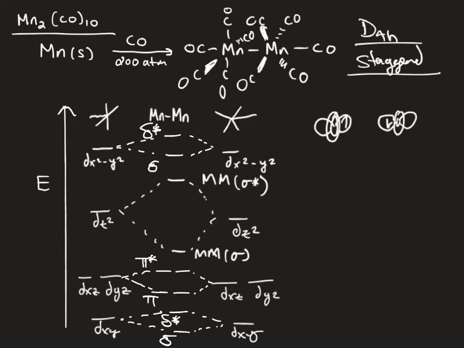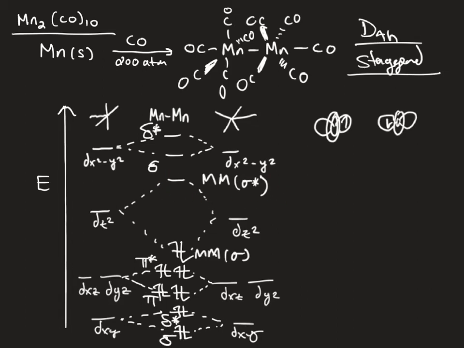Putting in the electrons, 7 from each manganese center for your 14 electrons, we have this, where we have electrons occupying the sigma bond and an empty sigma star.